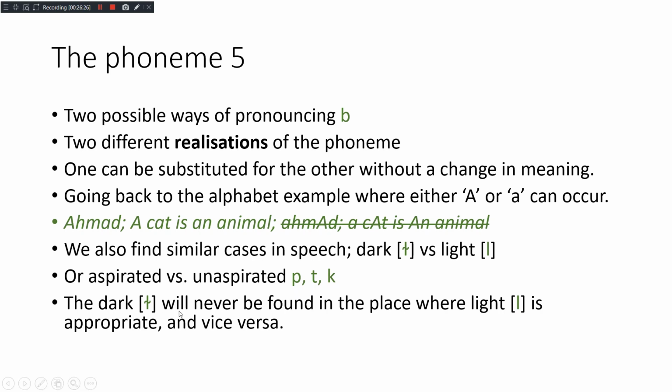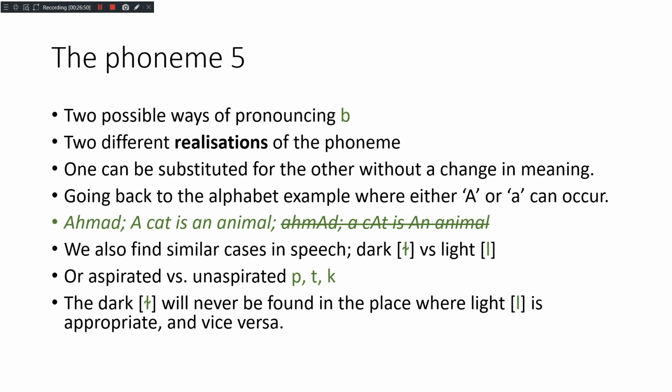Again, the dark L, which is represented with this symbol, will never be found in the place where light L is appropriate, and vice versa. It's not appropriate to use dark L at the beginning of a word in the British accent, and it is not appropriate to use a light L after a vowel in the British accent.